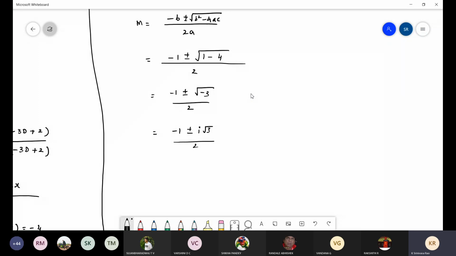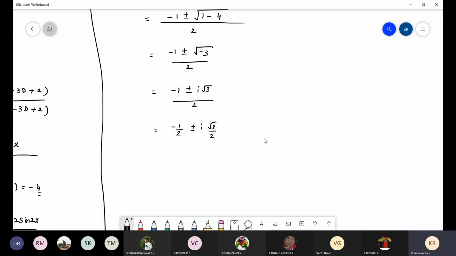I can't simplify, so what I will do, you split the denominator, you will get minus 1 by 2 plus or minus i times root 3 by 2. Divide the denominator separately, such a way that it should be alpha plus or minus i beta only. So m equals minus half plus or minus i root 3 by 2.